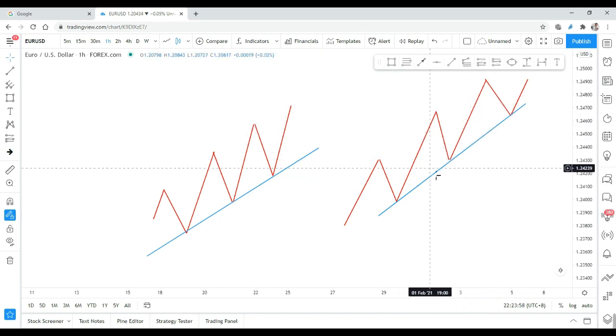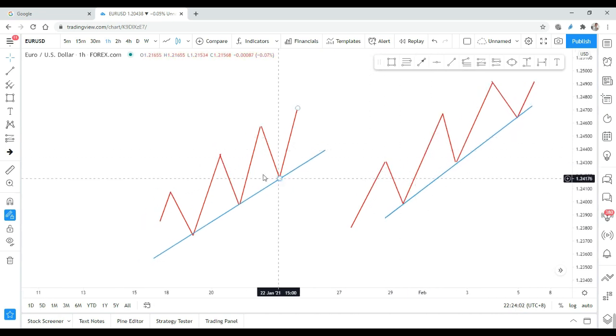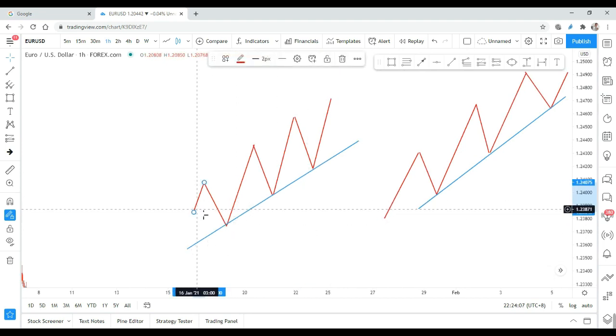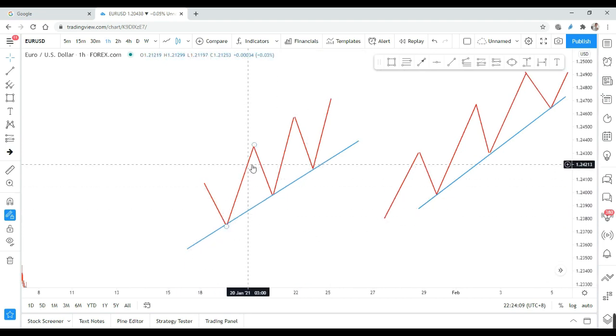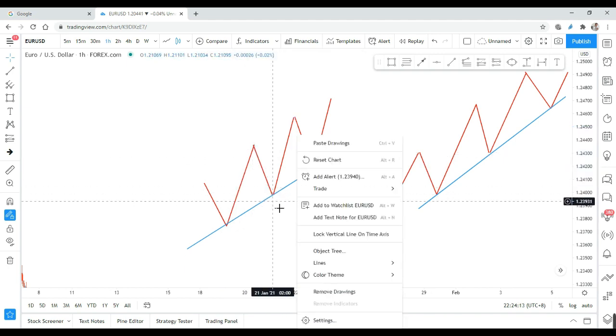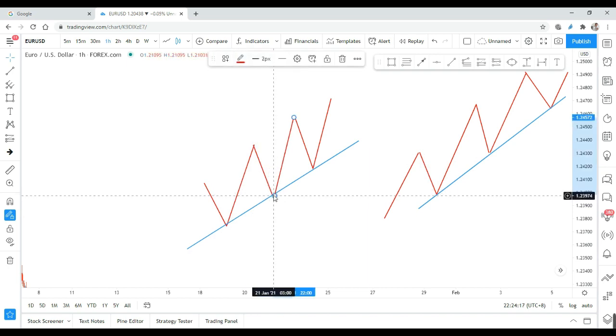What you're going to look for in this kind of setup is that during this movement, there might be a smaller movement over here.